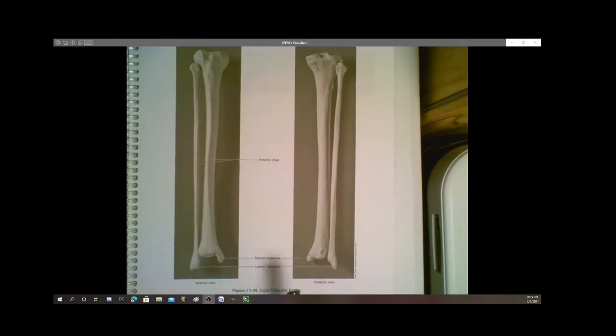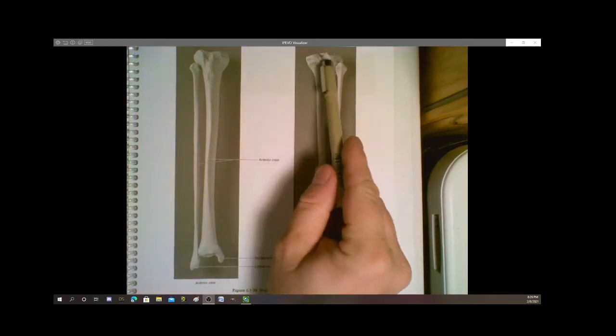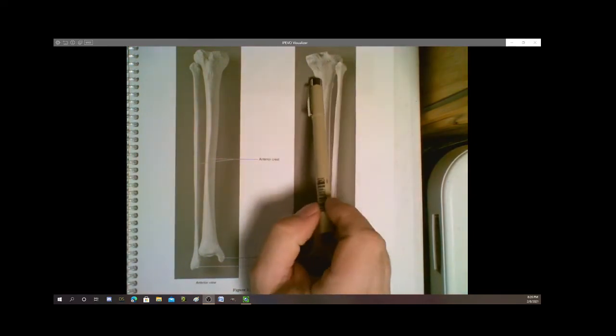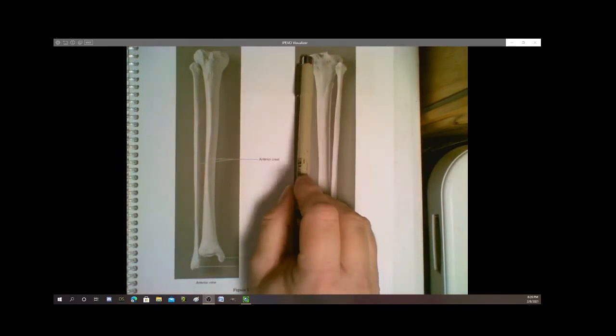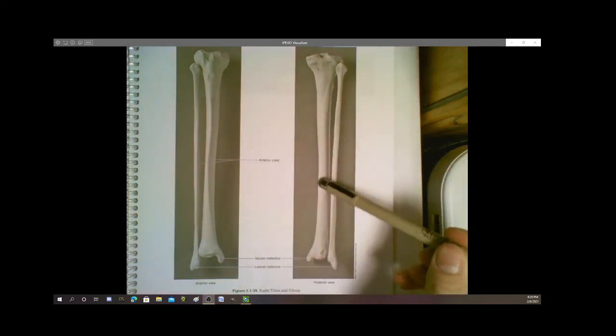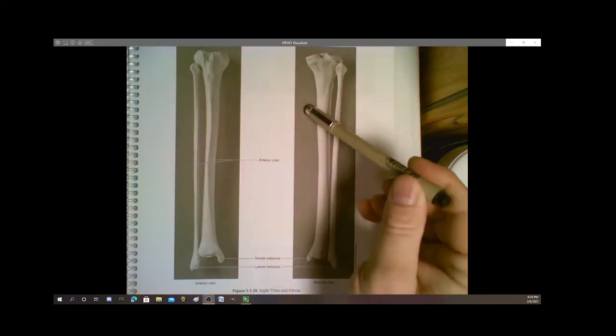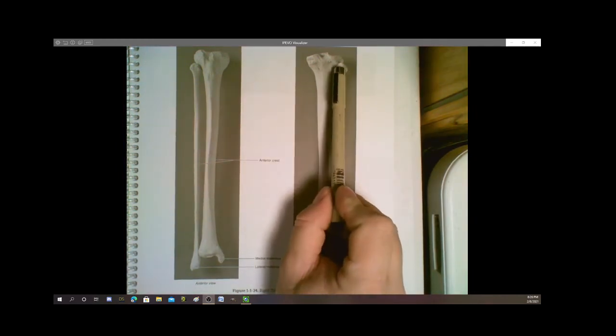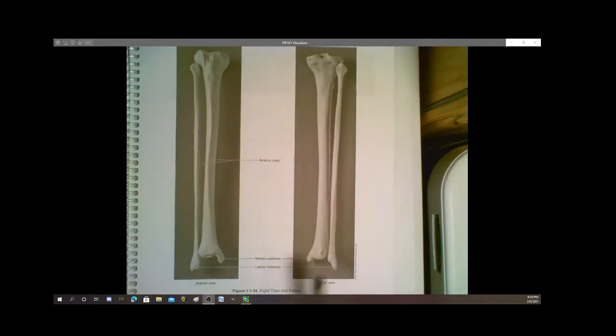Now, they're easy to tell apart. The tibia is the weight-bearing bone. And so it becomes pretty broad at your knee, and then it kind of narrows down. Your shin has a sharp ridge. And then next to it, on the outside, is the fibula.